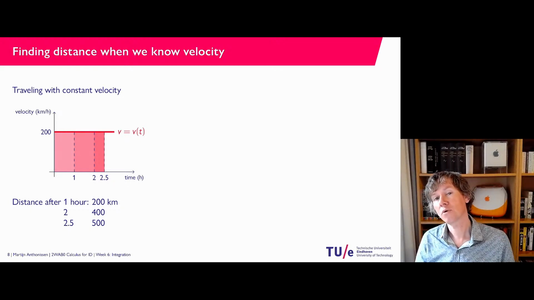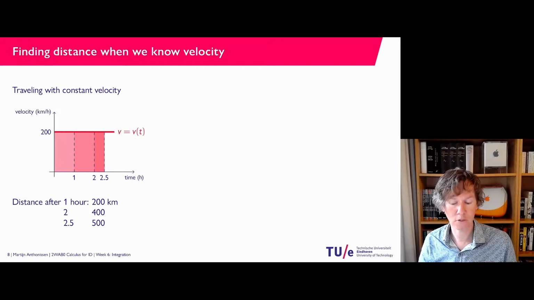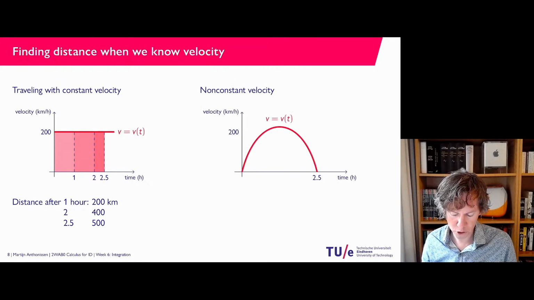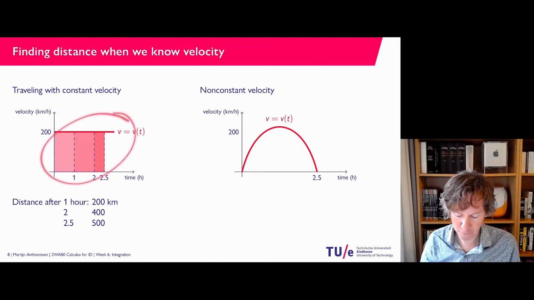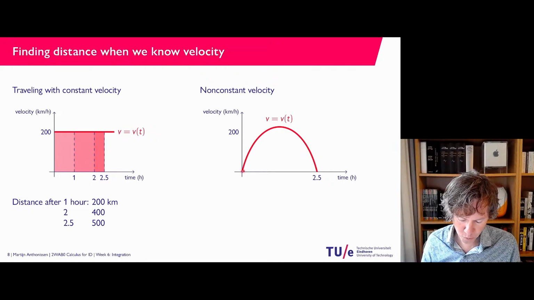So this is a strategy that you can also use if you're traveling with non-constant velocity. So here's a situation, maybe a tiny bit more realistic than the picture on the left, where we are traveling. We start with velocity 0, then we pick up speed and go to a maximum speed and then we slow down again.